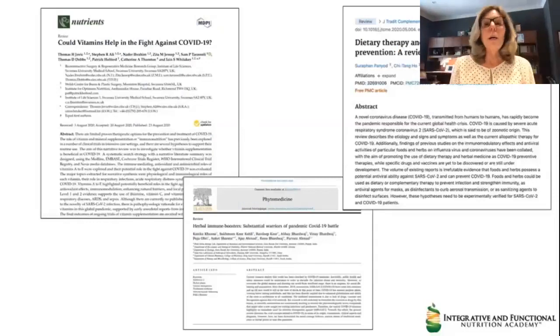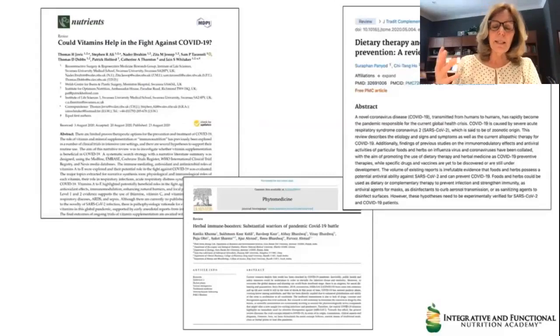But what many of these papers explore, like the one, could vitamins help in the fight against COVID-19, they reviewed a number of studies. I think they ended up with over 200 studies that they looked at, and looked at the potential mechanisms, the antiviral, the immunomodulatory mechanisms of various nutrients.